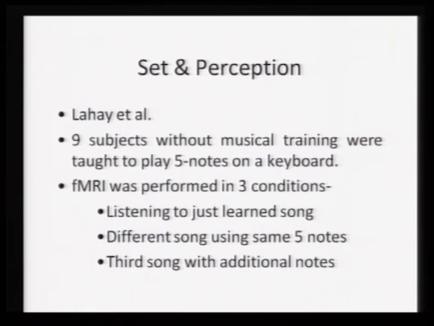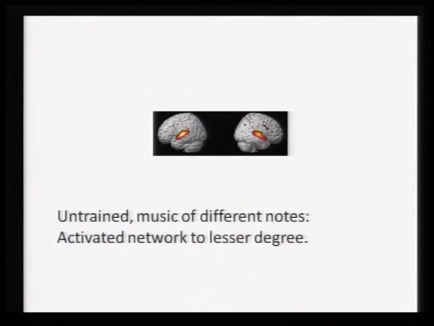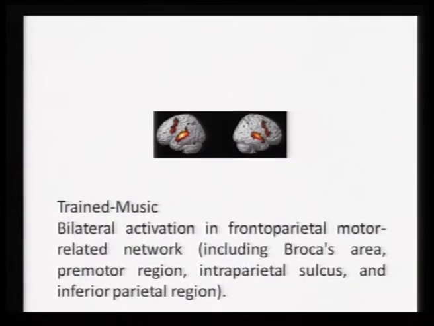Now, we said that we are looking at 3 different conditions. In the first condition, you see bilateral activation of the frontoparietal and the motor related network. In the second case, you have the untrained subjects and the music was of different notes. Here activation in the network was seen, but to a lesser degree, and you can see the difference.